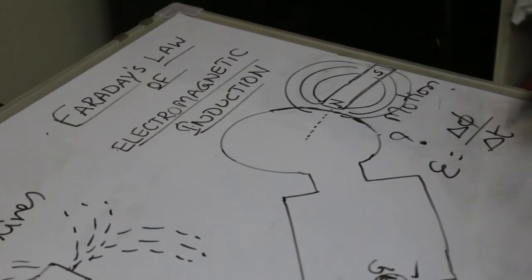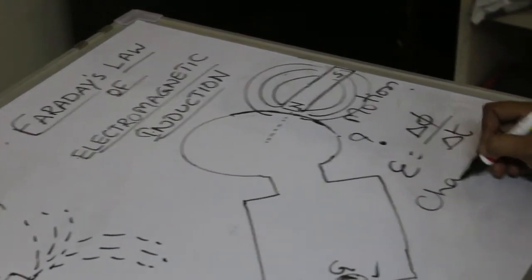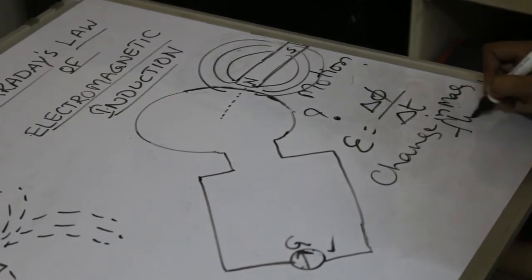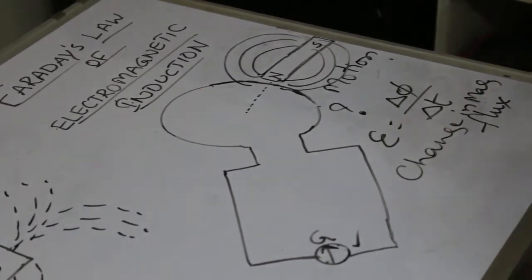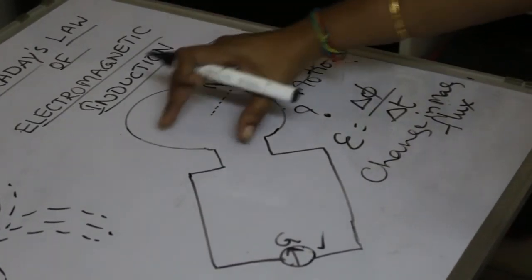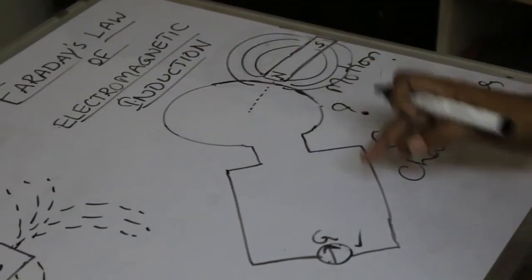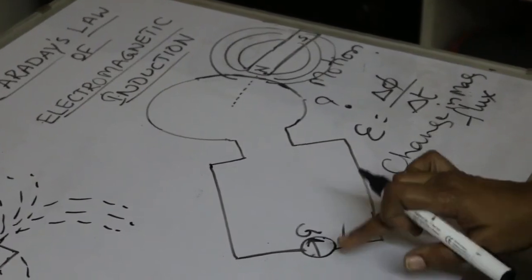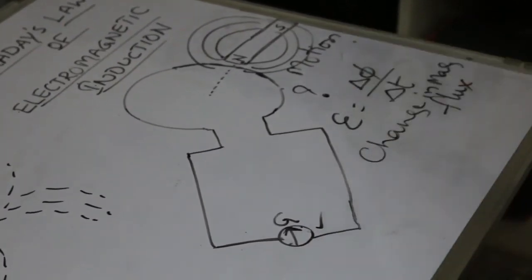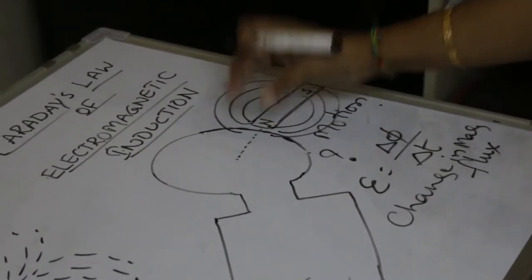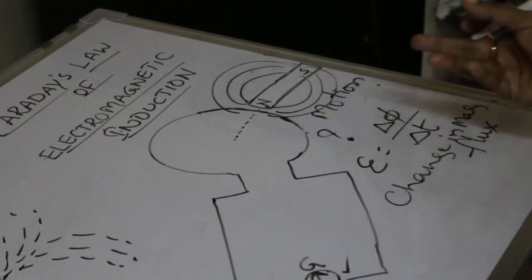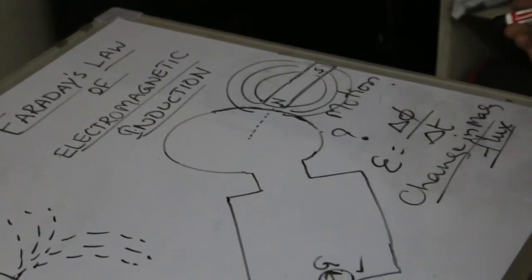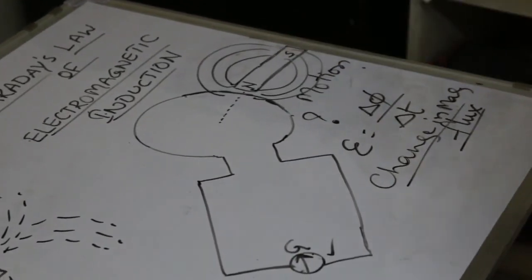So it is causing a change in magnetic flux linked with the coil. Because of this change in magnetic flux, the current has been set up in the coil. That's why the galvanometer is showing some deflection. And while you are keeping the magnet stationary, there is no current induced, indicating that there is no change in magnetic flux.